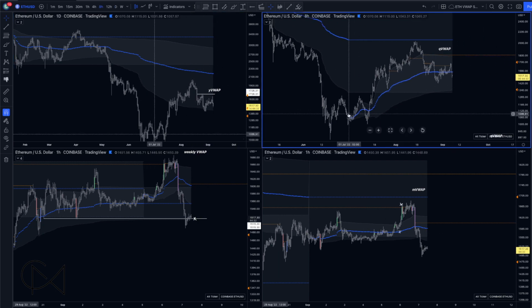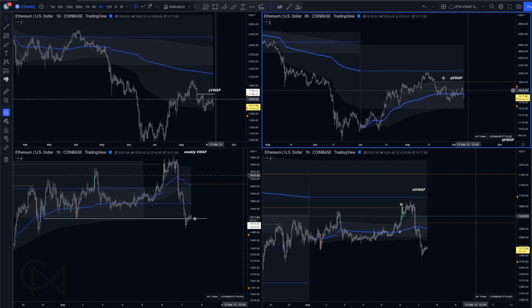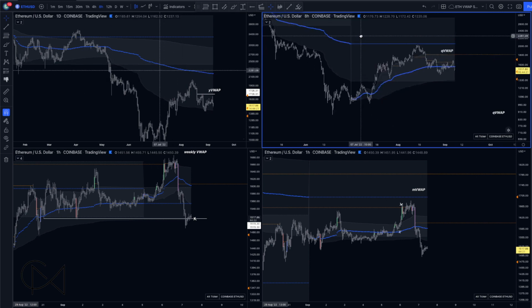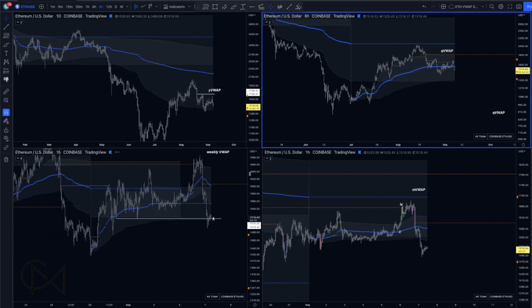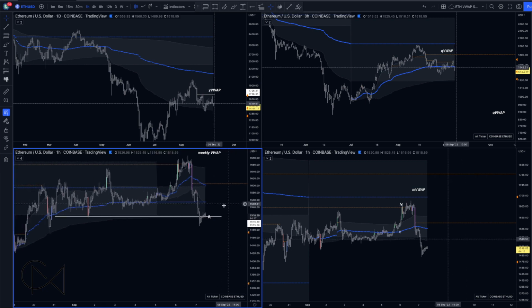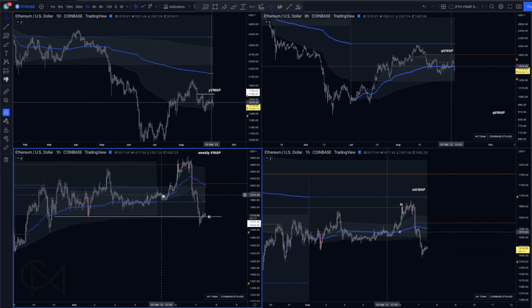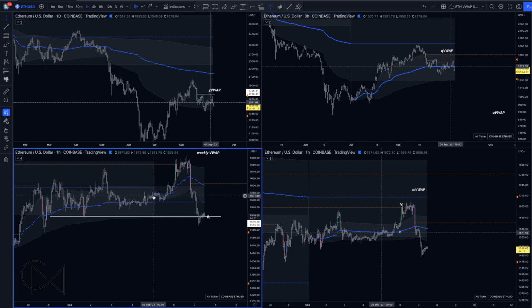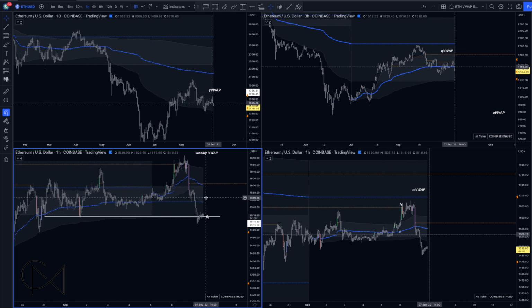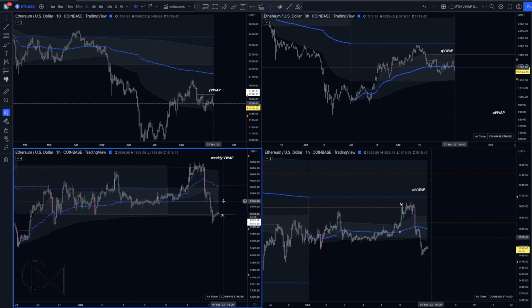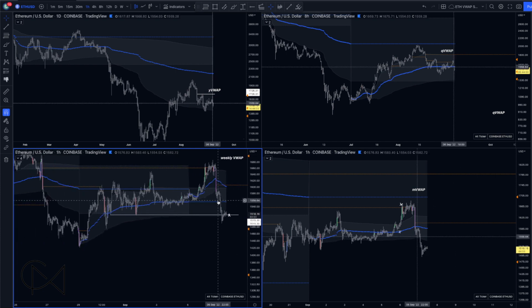This is the quarterly VWAP, the current quarterly VWAP from July, and the one above is that from the previous quarter. Same here for the weekly. This is the previous VWAP, and the current one starts from, I think, the 5th of September. I don't really look at the current weekly VWAP, as it doesn't give much data.